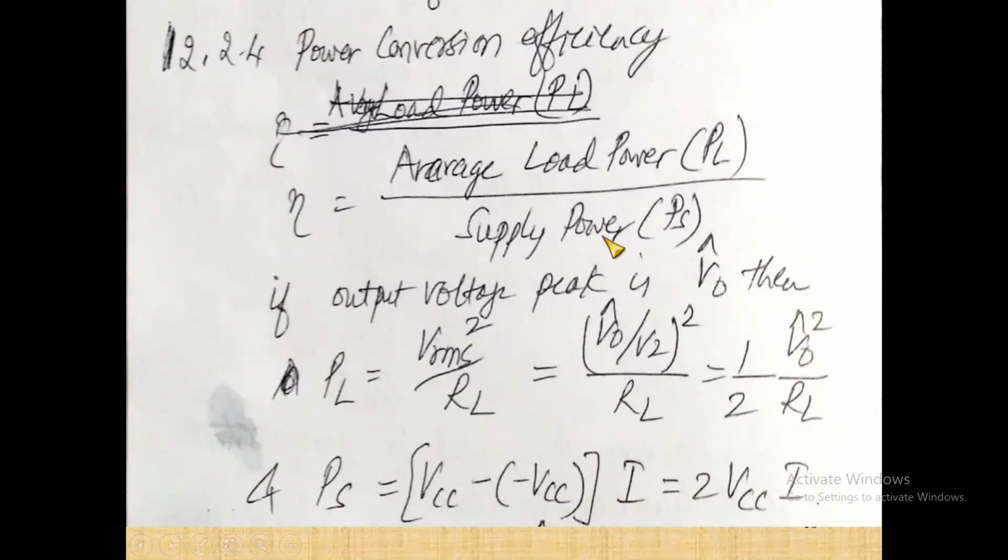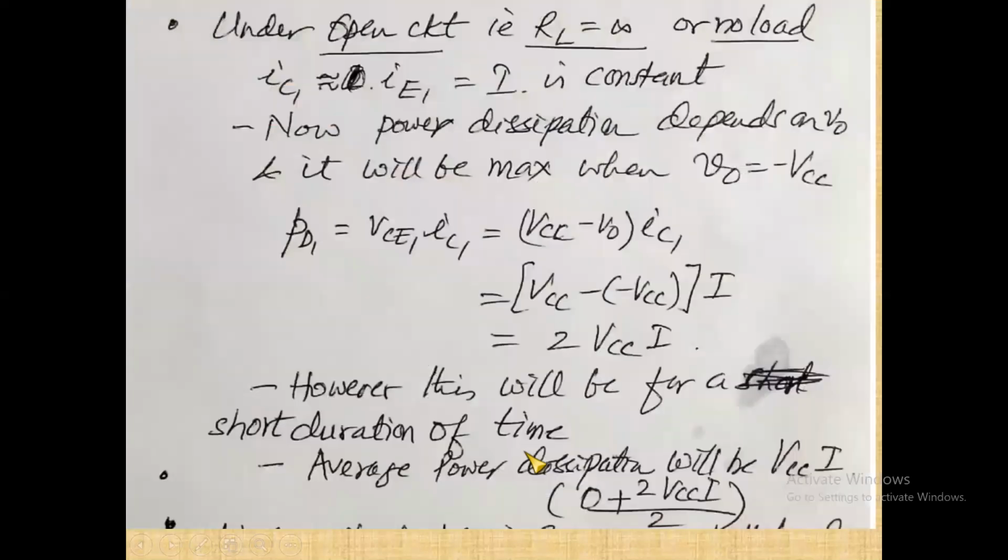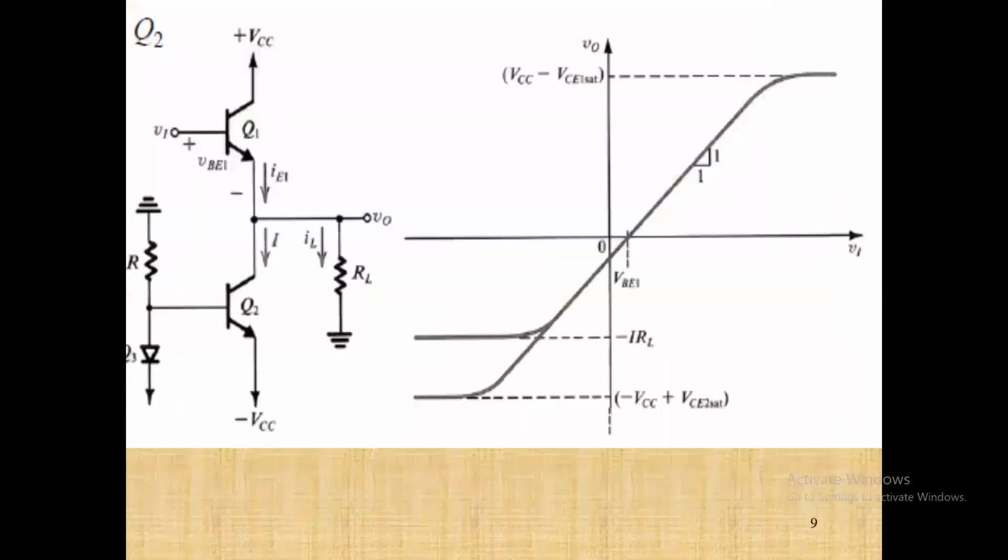Then the maximum power supply value will be VCC minus of minus VCC into I. One side you have VCC, other side you have minus VCC in the figure of the output stage.